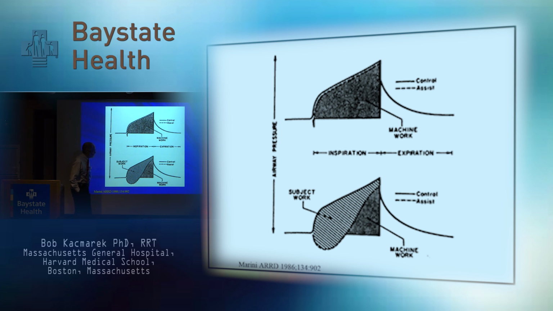So what he did was he went up to a bunch of patients on assist control, measured the airway pressure versus time waveform, sedated those patients, and then remeasured it. So here is the remeasured controlled breath. And he argued that if the assisted airway pressure curve was the same, then the work provided by the ventilator during assisted ventilation would be equivalent to the work during controlled ventilation. But this is what he found.